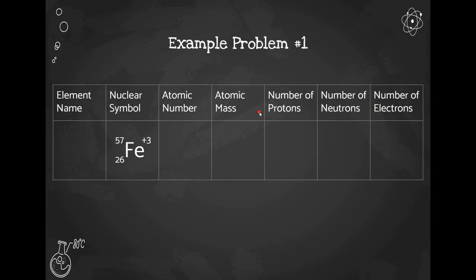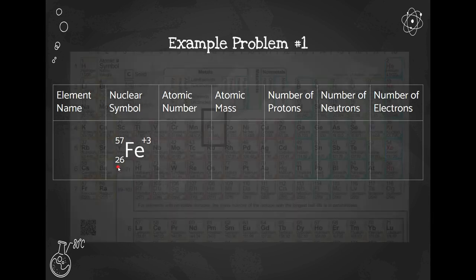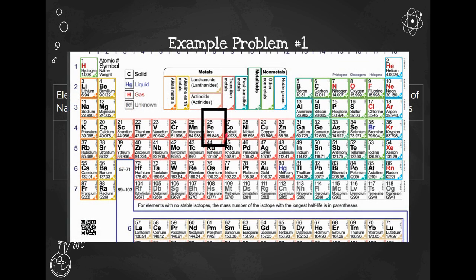In our first example, we're going to take that nuclear symbol and we're going to break it into a bunch of different parts. So first things first, because we know that Fe, and we also know that atomic number 26, we can look on our periodic table and find out that this element, its full name is iron, and we already have the 26, so we don't really have to use that.